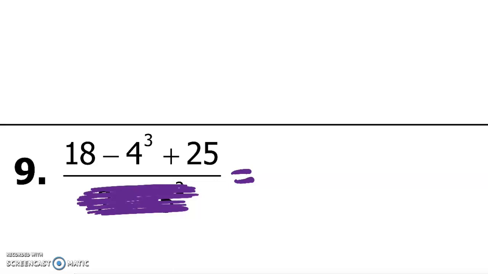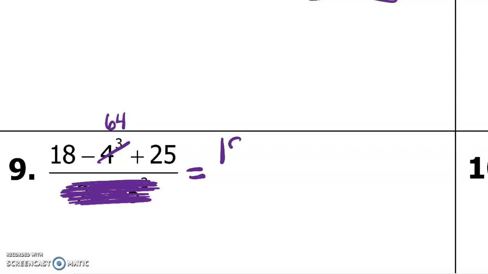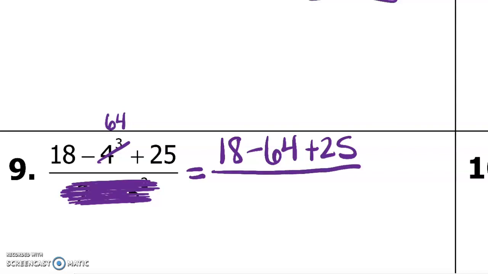So 4 to the third power is 64. If you can just cross it off and then find your number, that's great. Otherwise, take the time to write down 18 minus 64 plus 25. And you should end up with negative 21. So I'm going to draw my line so I still have it. So negative 21 is my top number.